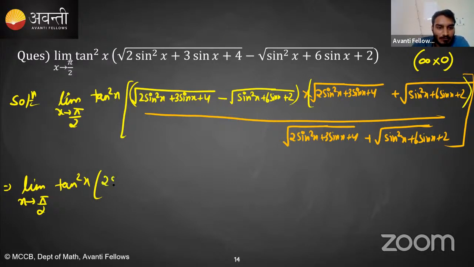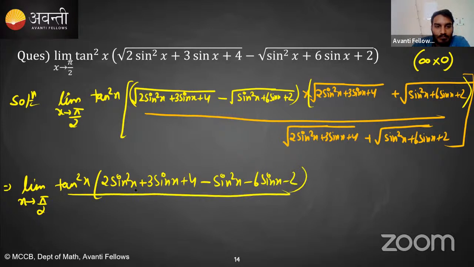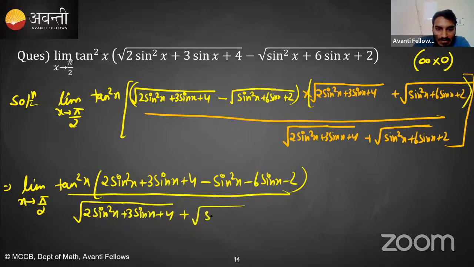So this is nothing but 2 sin square x plus 3 sin x plus 4 minus sin square x minus 6 sin x minus 2, divided by under root of 2 sin square x plus 3 sin x plus 4 plus under root of sin square x plus 6 sin x plus 2. Clear?